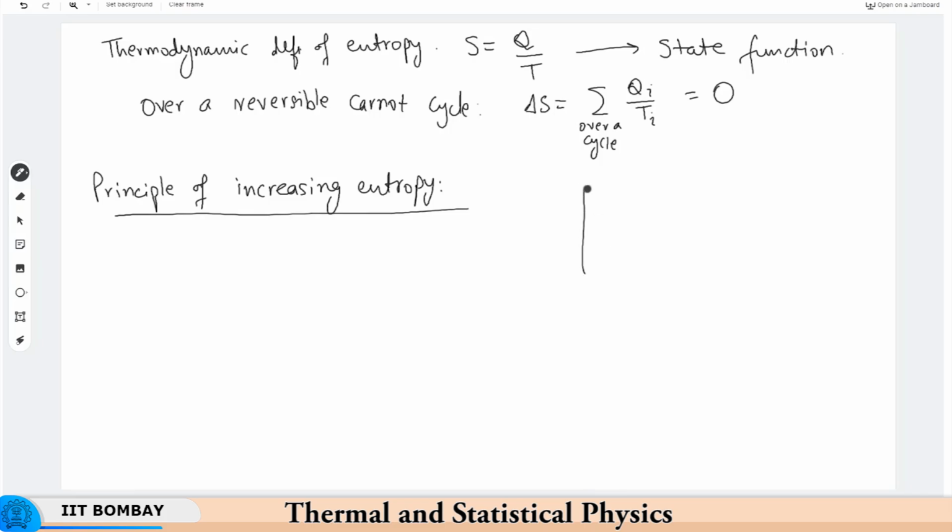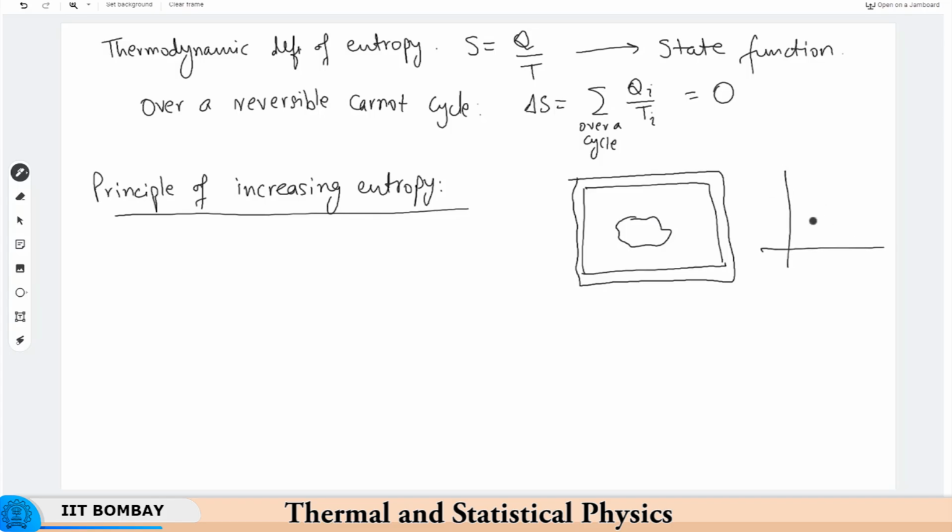So we thought that, say, we have the complete universe, right. So this is the universe, okay, and you have a certain process going on inside the universe in such a way that it is a cyclic process, but the process that happens from 1 to 2 happens irreversibly, and when it comes back it happens reversibly, right.